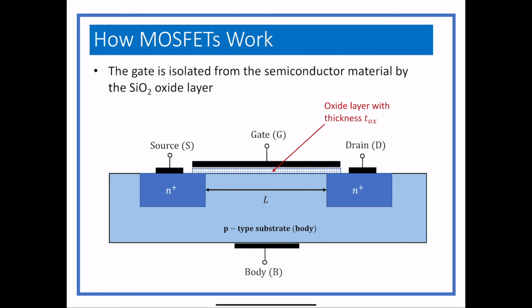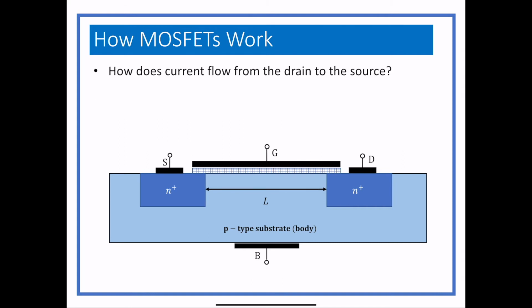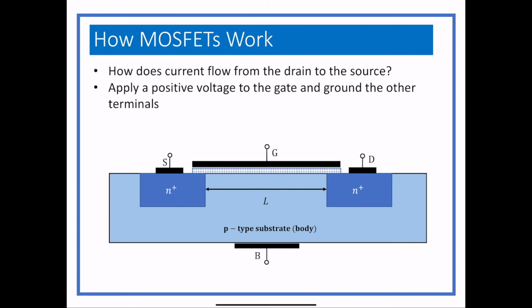There's just this big area of P-type substrate with nothing going on. So we are going to apply a voltage at the gate and ground the other 2 terminals. So we put a positive voltage on the gate, the source is grounded, and the drain is grounded. So that's where we're starting today, and then next time we'll actually apply voltage in other places.